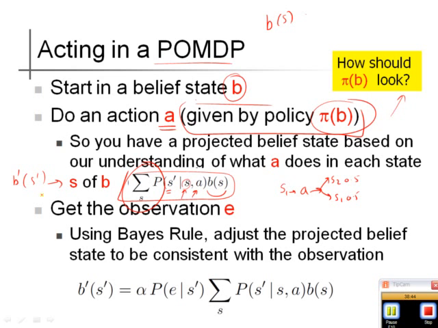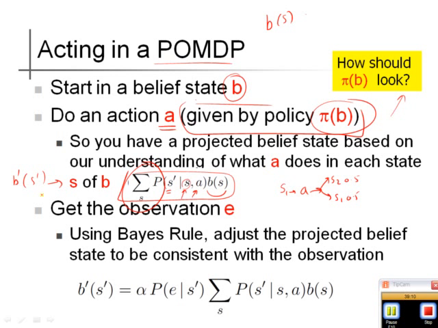At this point, you have done all you can in terms of thinking about how the world works. Your current understanding of where you are is completely given by B of S, and your current understanding of what actions do is used on B of S to compute where you would be after doing that action.